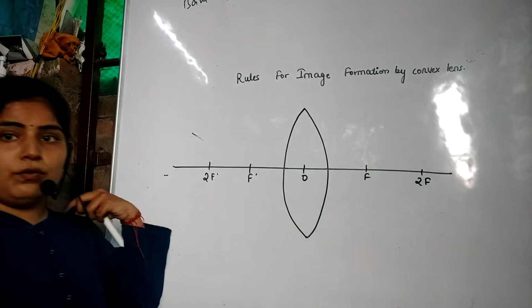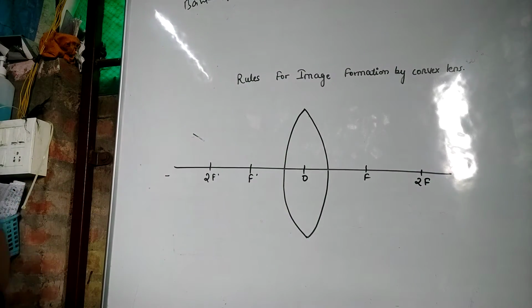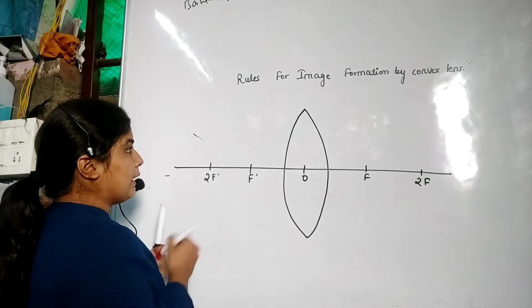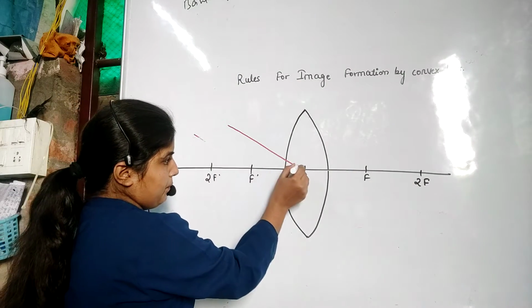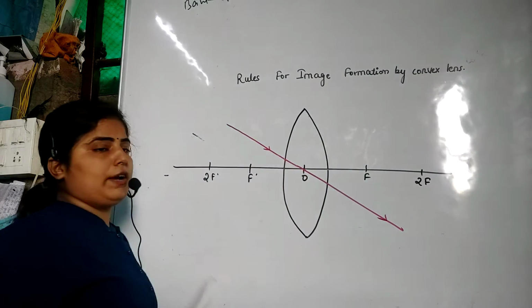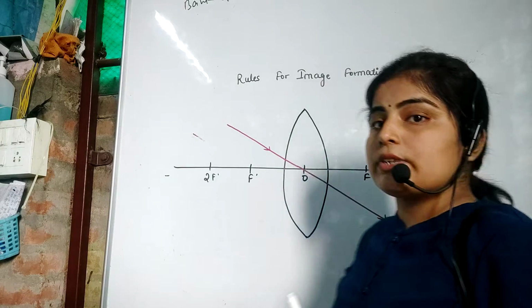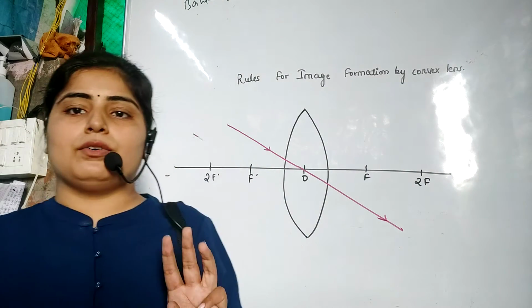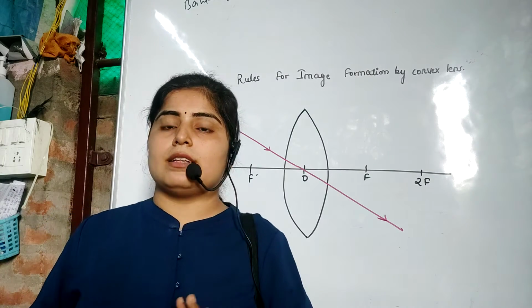The third rule for image formation by the convex lens is that a ray of light passing through the optical center will be undeviated after refraction. It will go along a straight line. It will not deviate from its path. So this is the third rule of image formation by the convex lens.